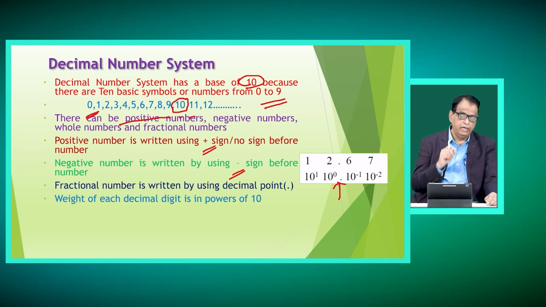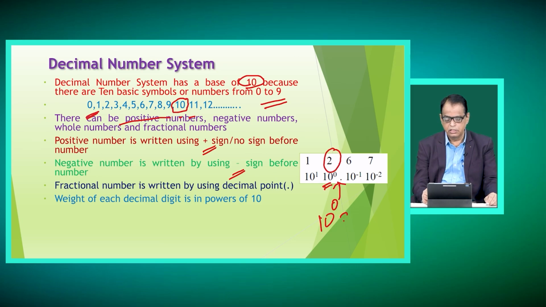Also, you will find that in decimal number system, every digit that we write will have a certain weight, and this weight is in the powers of 10, because 10 is the base of this decimal number system. Say for example, when I write a number something like this 12.67, then you will find this 2 will have a weight of 10 raised to power 0. 10 raised to power 0 is just nothing but 1.